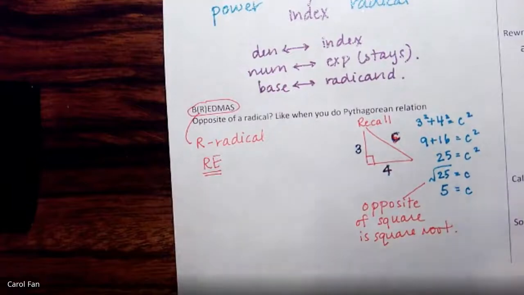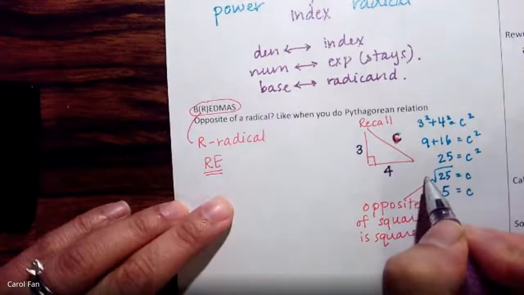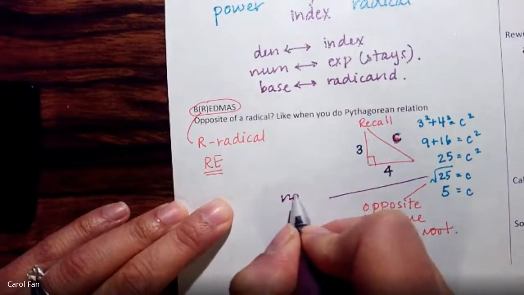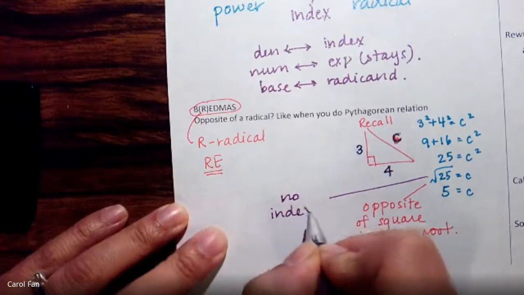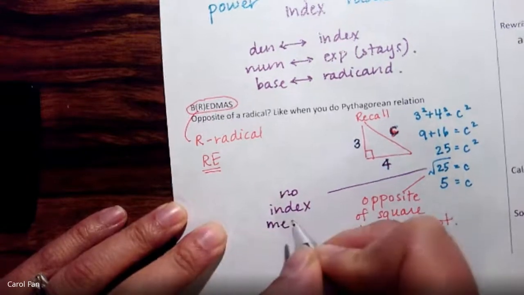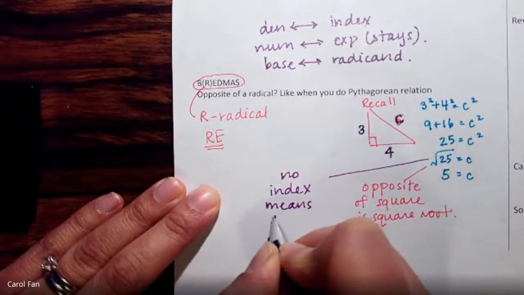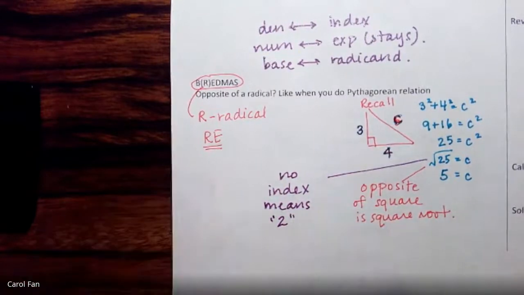Now, our square root doesn't have an index number because it is assumed that it's a 2. So no index means 2.